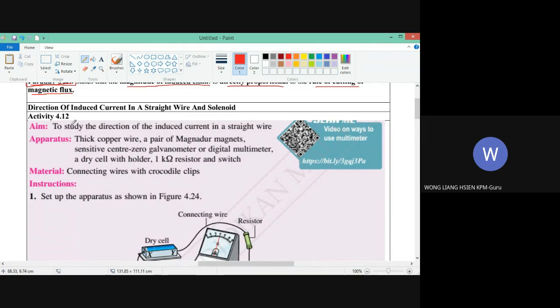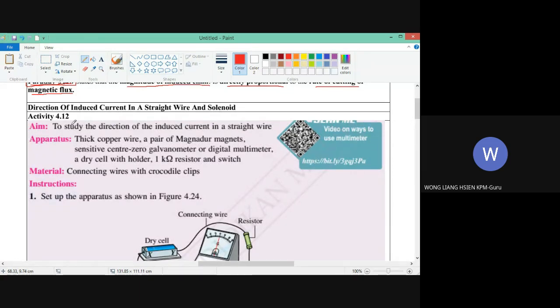What we want to learn here is how we know, when we cut in this direction, what the direction of the induced current is.